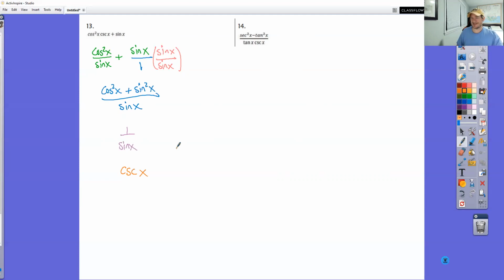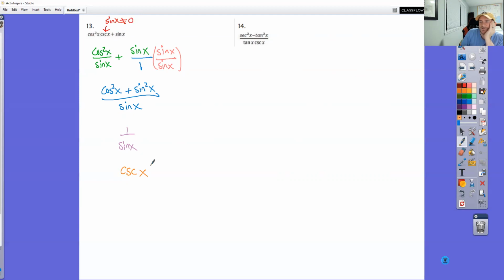So now, oh, right, restrictions. Cosine has a domain of all reals, sine has a domain of all reals. So we see the only factor that has any restrictions at all is cosecant, which is 1 over sine. So sine must never be allowed to be 0. And guess what?